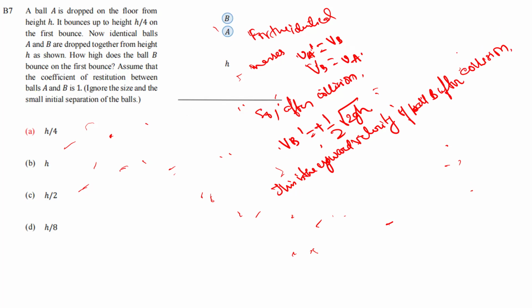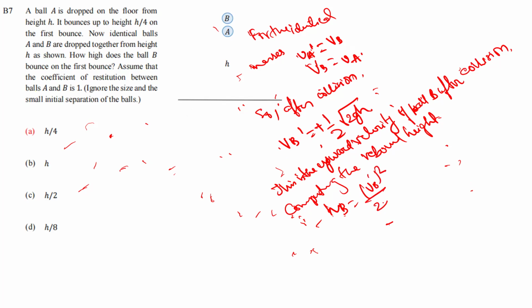I will now compute the rebound height. Computing the rebound height, we can write HB equal to VB prime square by 2g, or half root over 2gh by 2g, whole square.